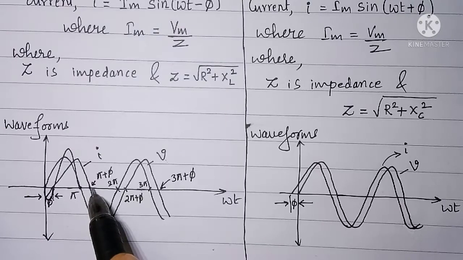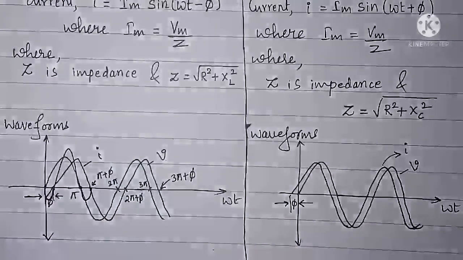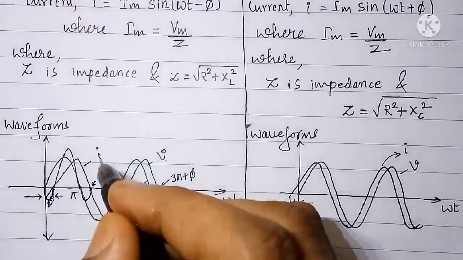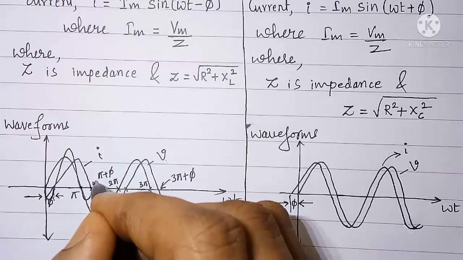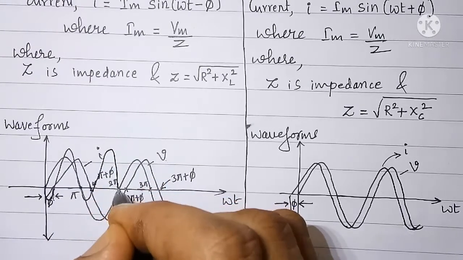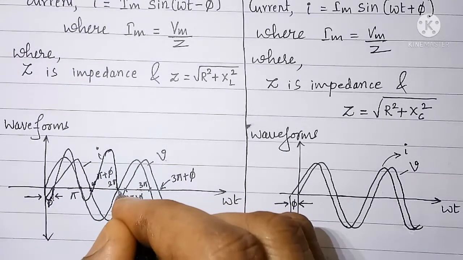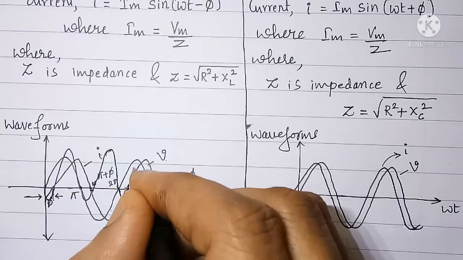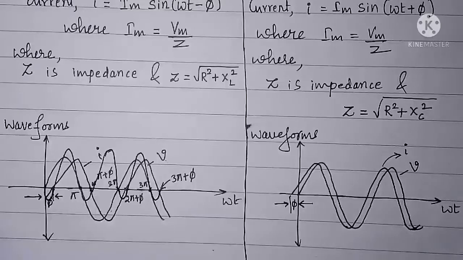From pi to pi plus phi, voltage is negative and current is positive. So again the product will be negative. From pi plus phi to 2 pi, both voltage and current are negative. Therefore, the product will be positive. Similarly, we can draw remaining part of the power curve. This way.